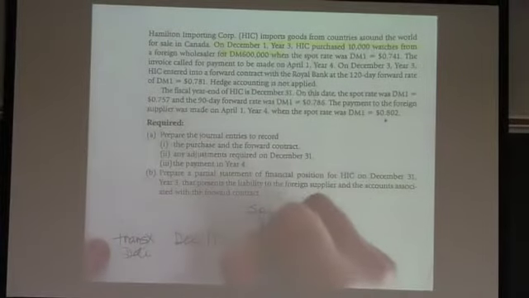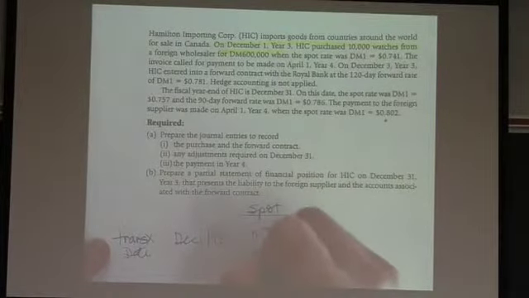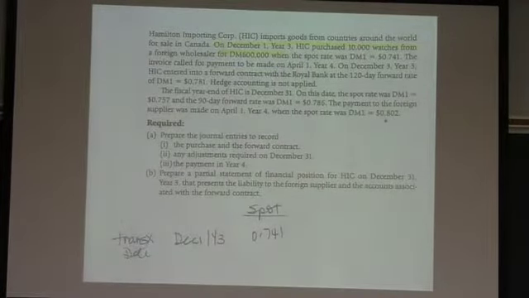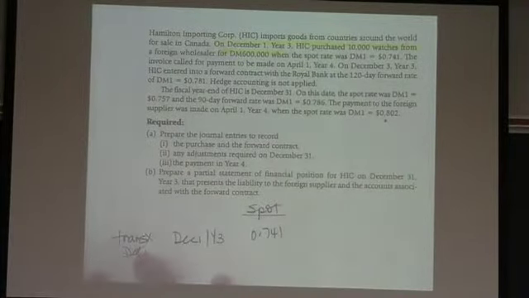The spot rate was 0.741. I just like to write it down because I want to make sure that I look at all the different exchange rates on a particular date.